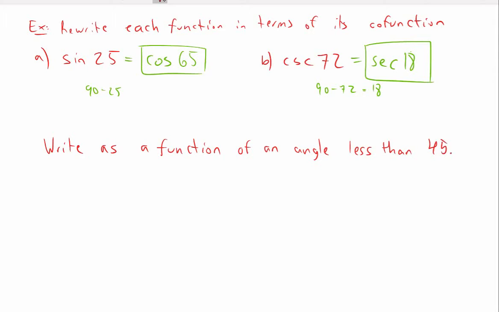So this is another case where you just read the directions and make sure that your answer satisfies each aspect of it. So for example, suppose I had tangent of 80.